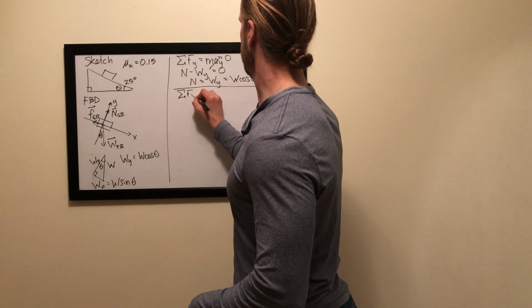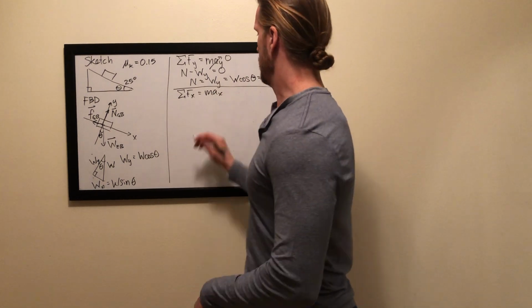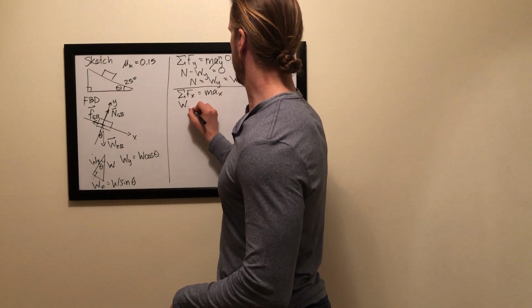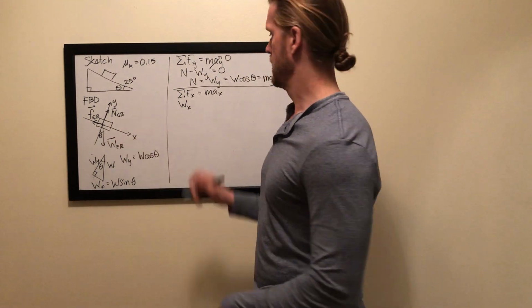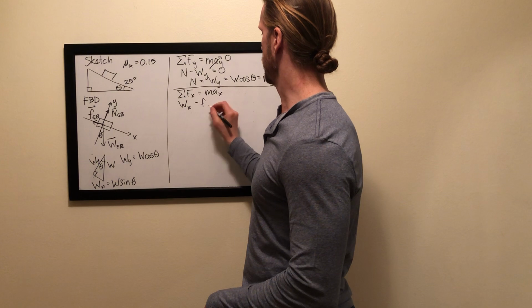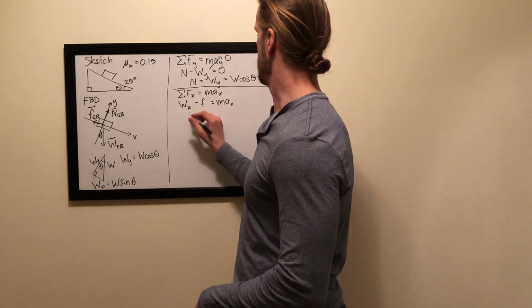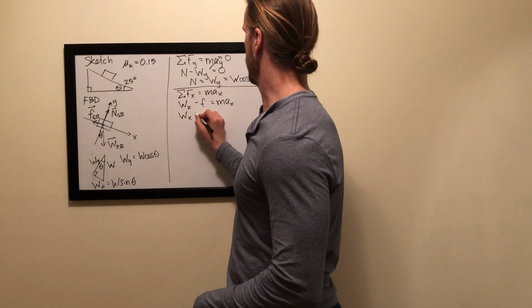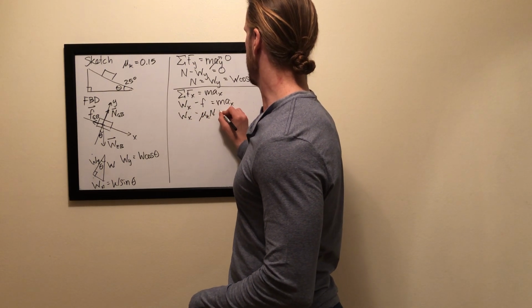In the x direction, we've got the x component of gravity pulling to the right, and we've got friction slowing things down. Now the friction force is mu times n.